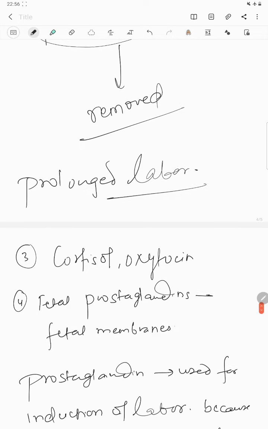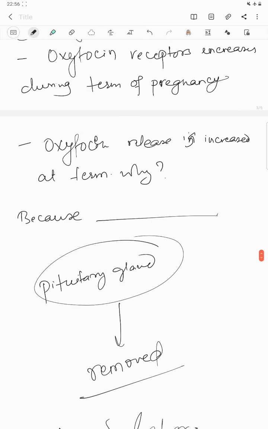In this way, fetal hormones also play a role in parturition.